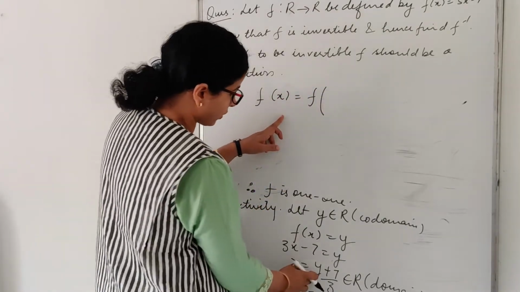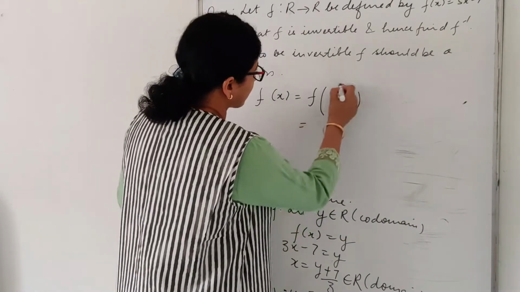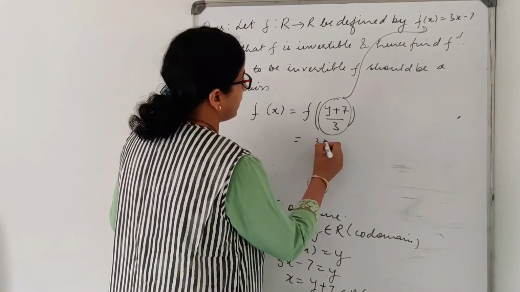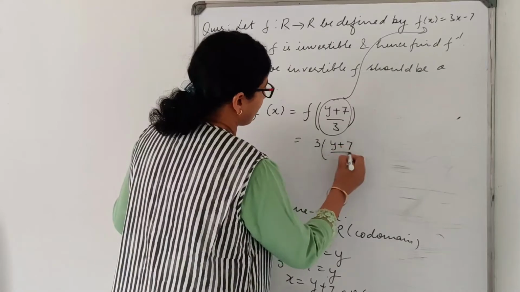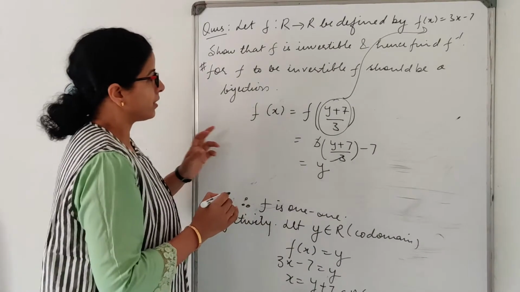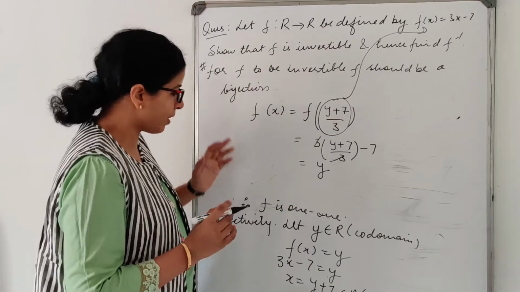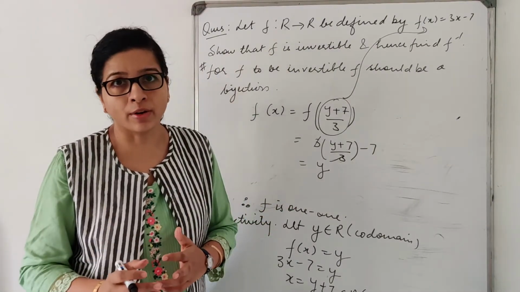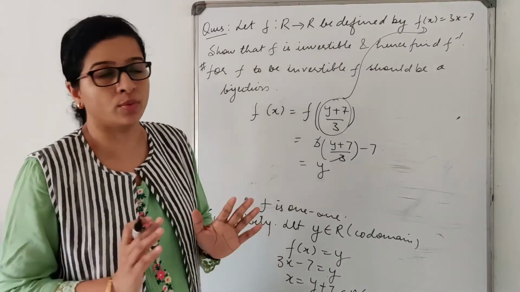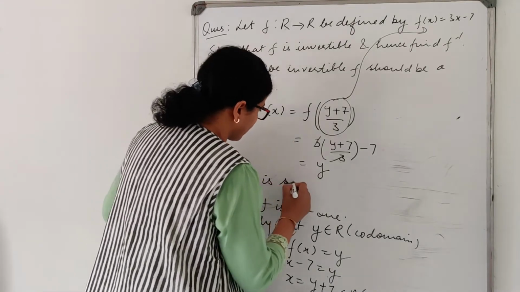Substitute the value of x, and I will substitute this value here: 3 times (y + 7)/3 minus 7. So 3 and 3 get cancelled, and you are getting y. So for every y you have an x in the domain, and for every x in the domain you have a y in the codomain. Hence f is surjective.